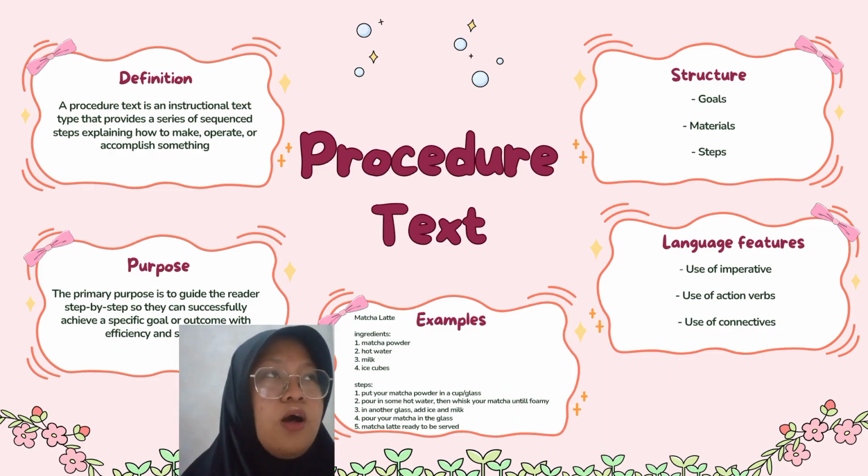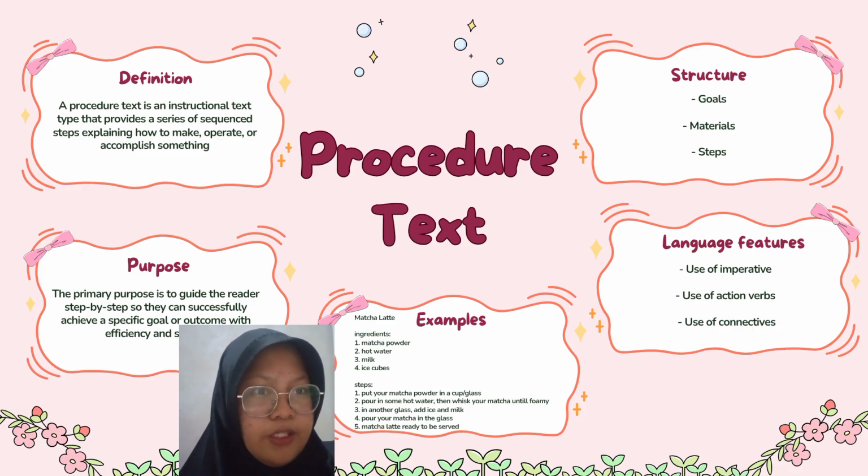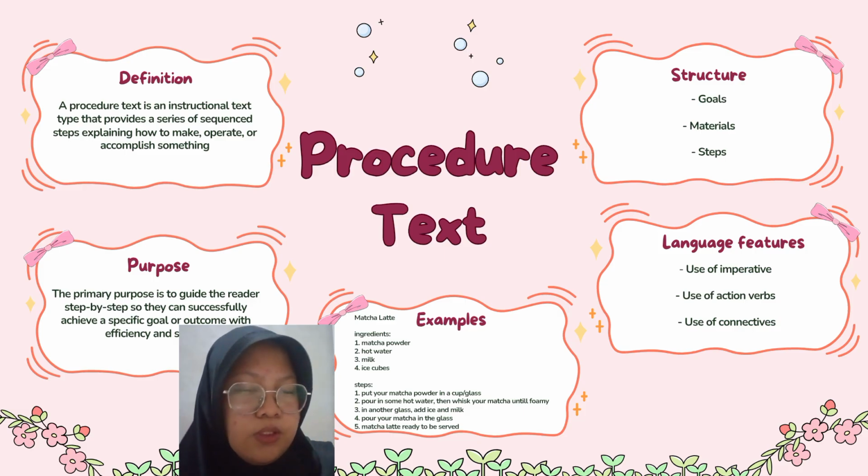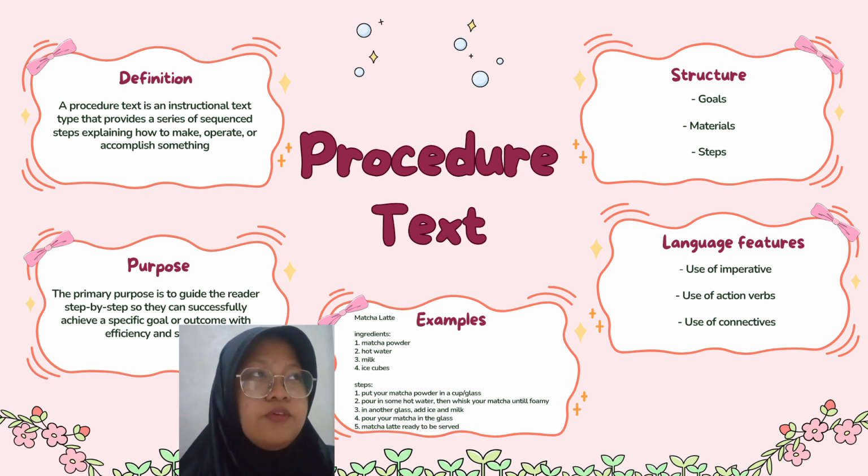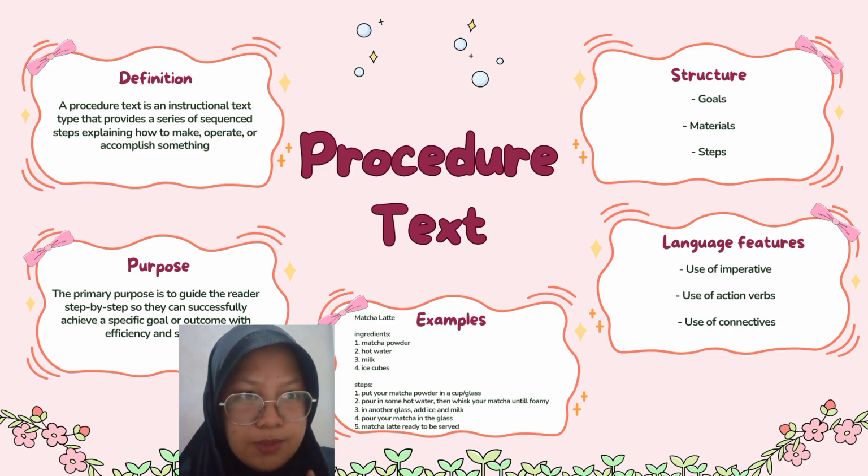For examples of procedure text, there are many, like a tutorial or a guide that you get when you buy something electronic, they give you a piece of paper. That's one example of procedure text. Or the simple one is a recipe.